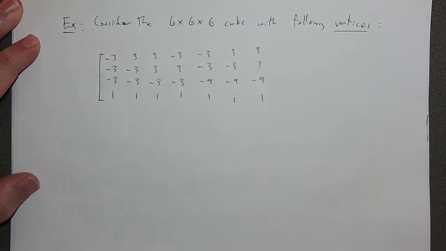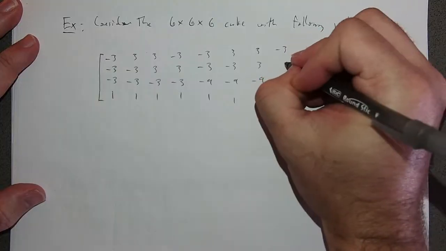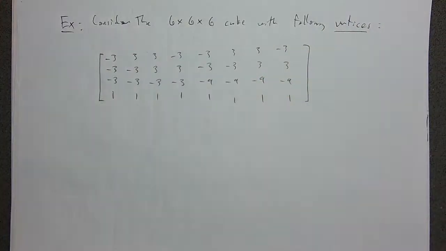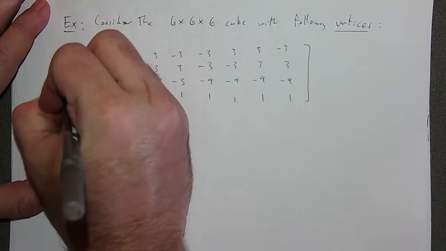And lastly, -3, 3, -9. This is my matrix. I'll call this A.